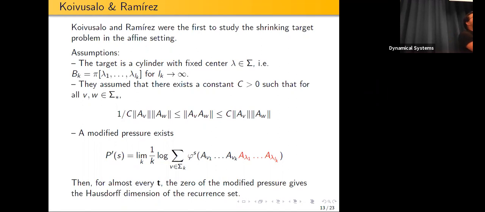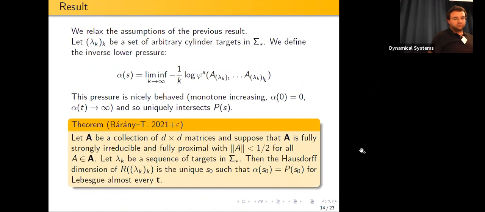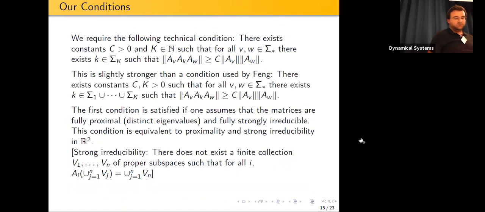We do it for all dimensions. Right, you mean strong irreducibility in R2. In dimension 2 it's the same result. Yes, that's true, but they also make this assumption for all dimensions. So in dimension 2 specifically, yes, it's the same. That's right.